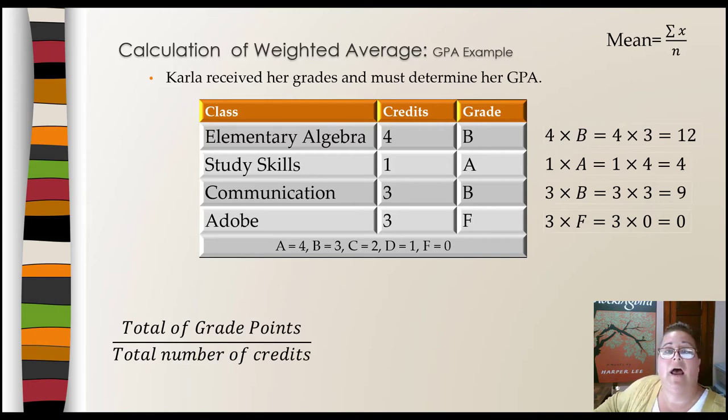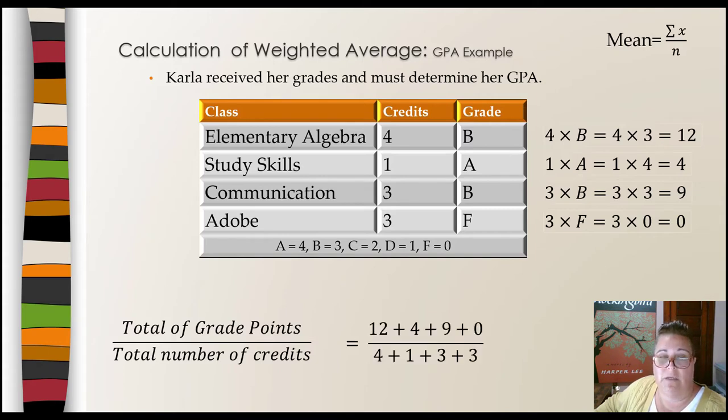Now, how do we find the grade point average? We take the total of all of the points, the 12 from elementary algebra, the 4 from the study skills class, the 9 from the communication class, and the 0 from the Adobe class, and we add all those up. That's the total of the graded points. We then have to divide that by the total number of credits.